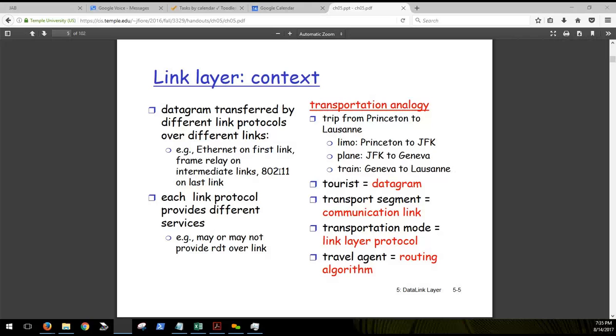Yes, but give me a general idea of what 802.11 is, because there's 11A, 11B, 11G. 802.11 is wireless. All of your wireless protocols are under 802.11.